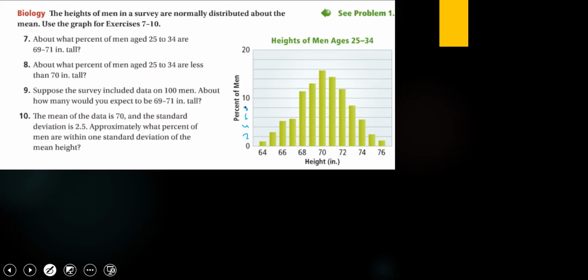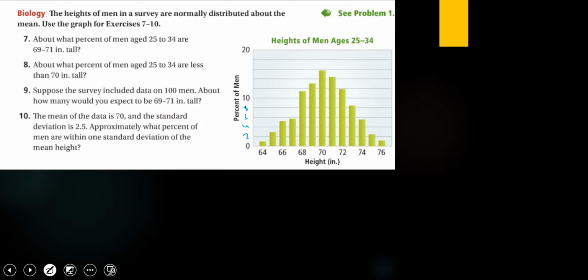At 67 inches we have 5, and at 68 we have 11. They measured them from 64 up to 76 inches.